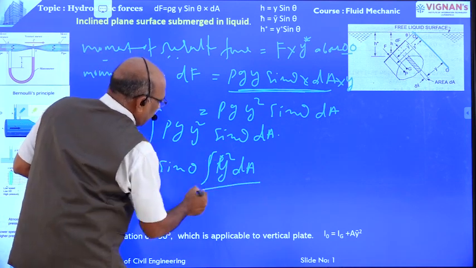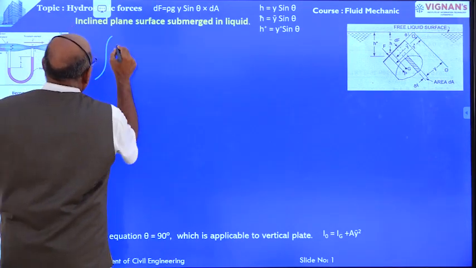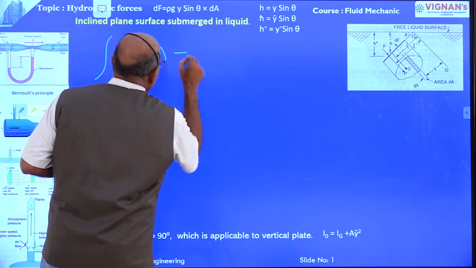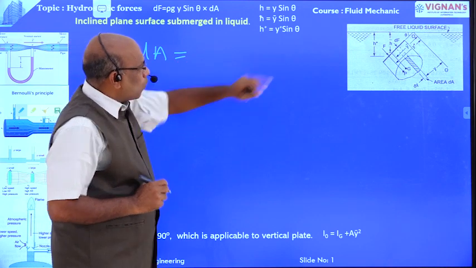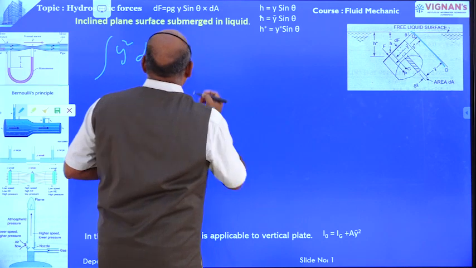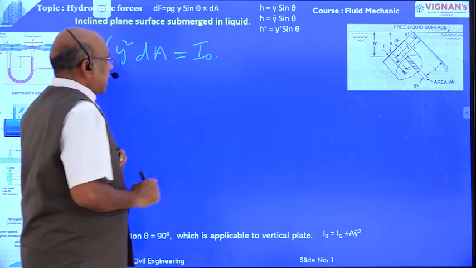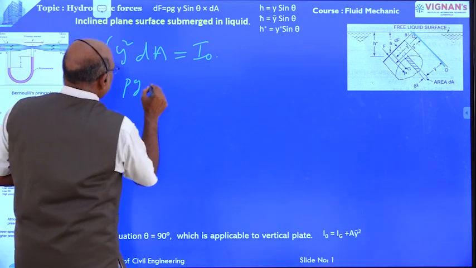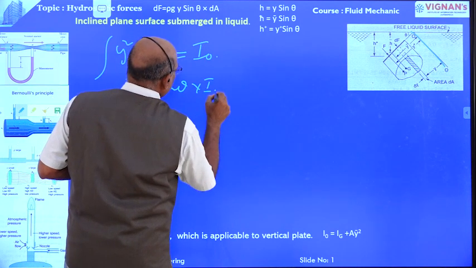The term integral y square dA is the moment of inertia about the axis OO, denoted by I0. Therefore, the sum of the moments is rho g sine theta into I0.